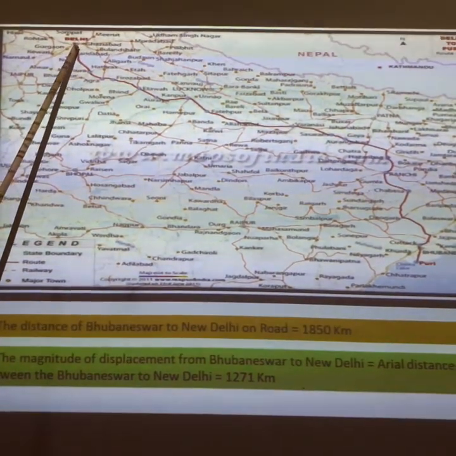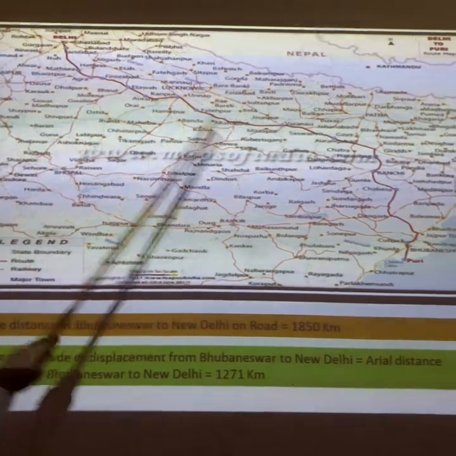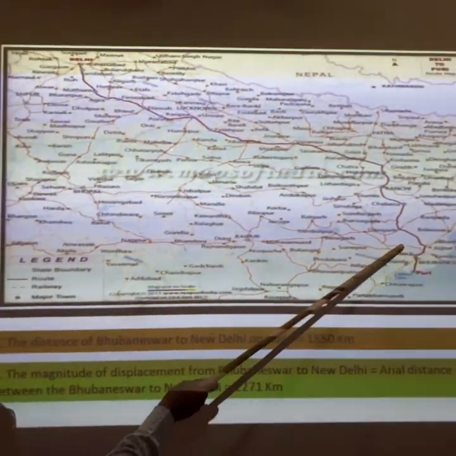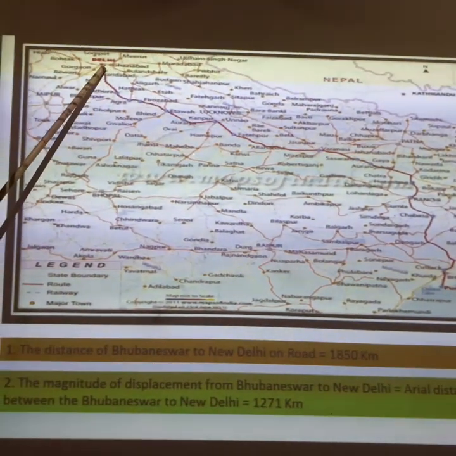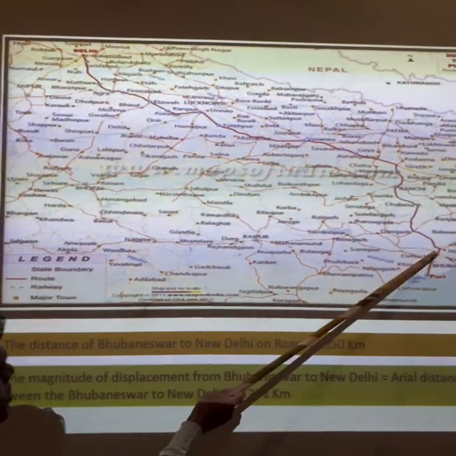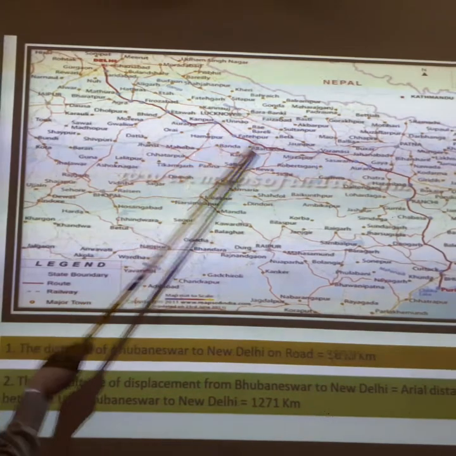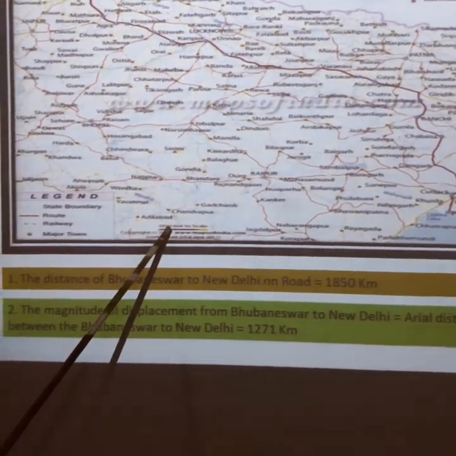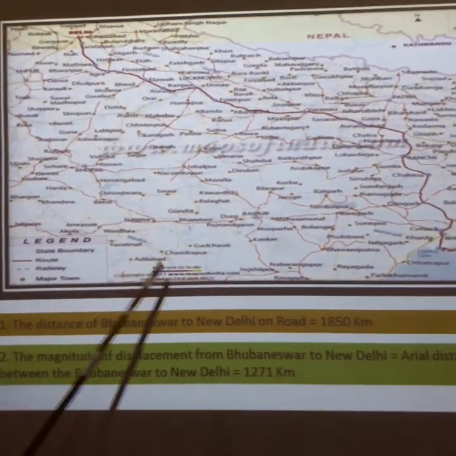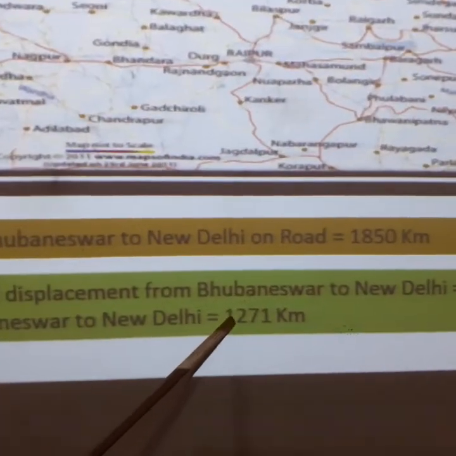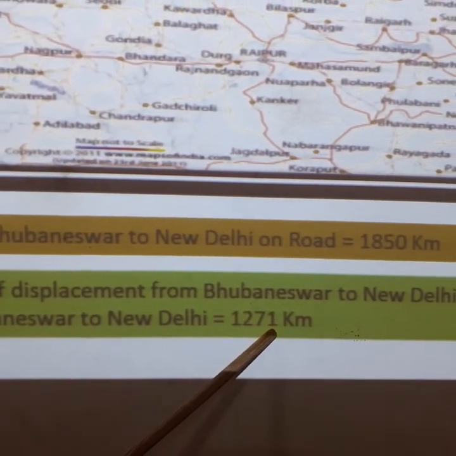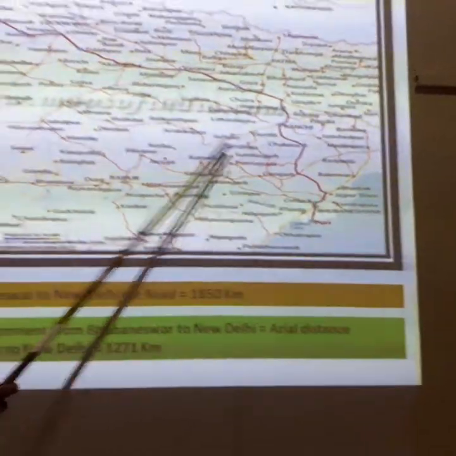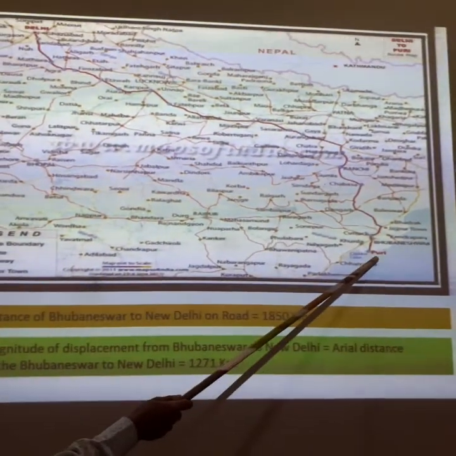If we draw a straight line from Bhubaneswar to New Delhi, and measure its length and then convert it to the scale of this map, it comes out to be 1271 kilometer, and that is nothing but the magnitude of displacement.